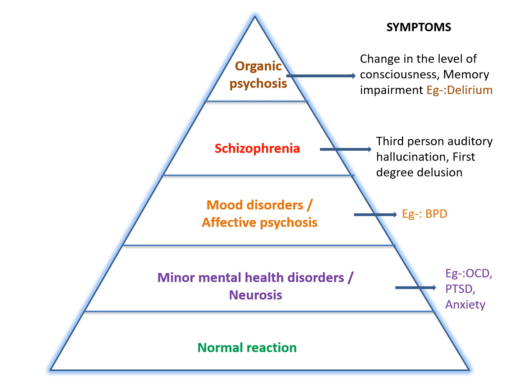Some people present to us with a normal reaction to an abnormal situation. Abnormal situation means when they have lost their relatives or loved ones, they show a grief reaction. This is a normal reaction.